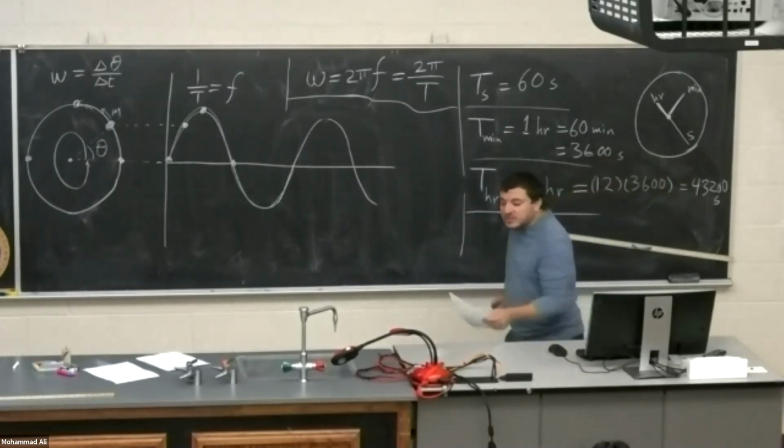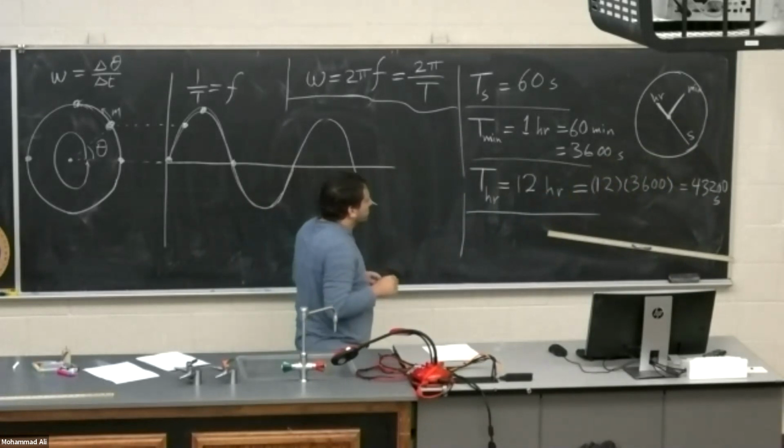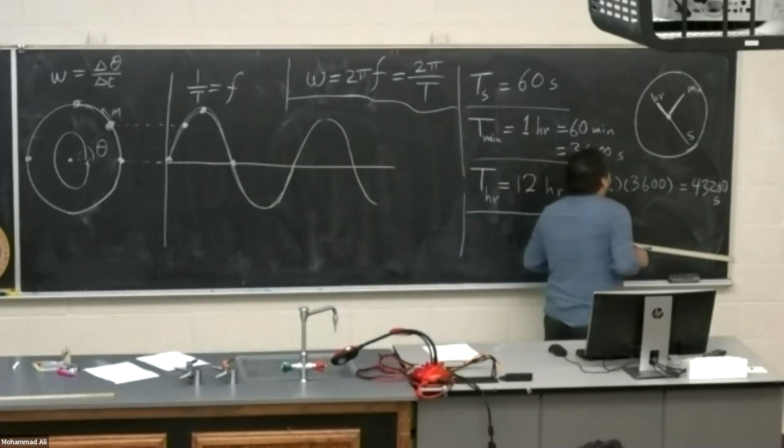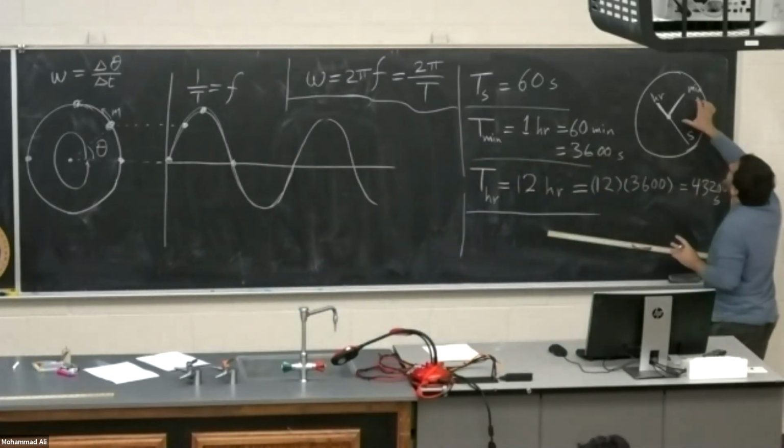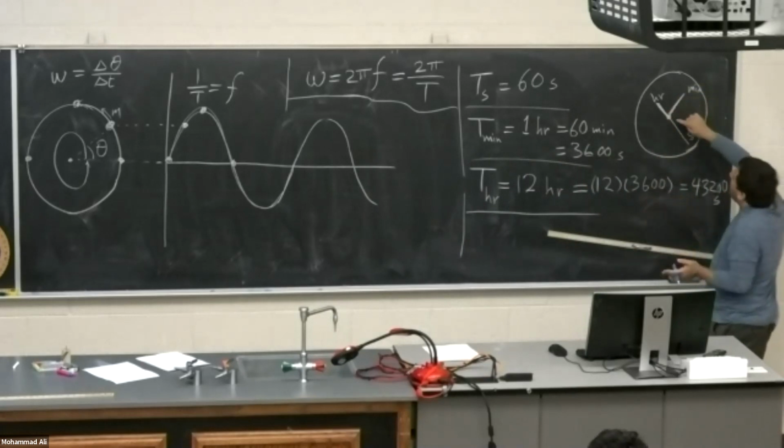Okay, what about the frequency? The amplitude depends on the length of that arm. The amplitude is the distance from the origin.